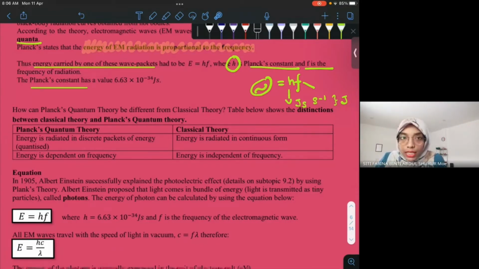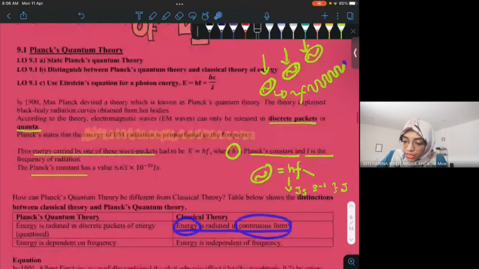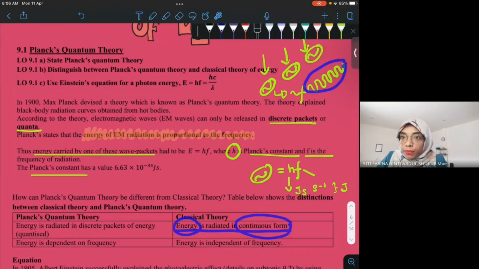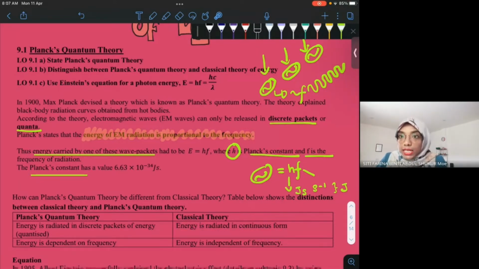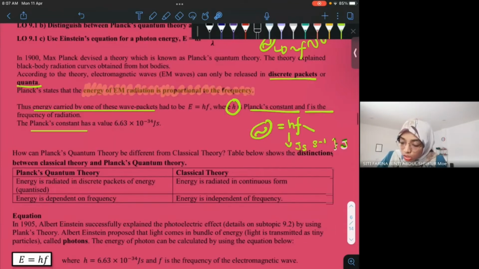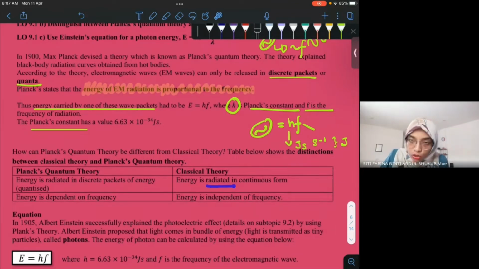According to the classical theory, energy is radiated in continuous form. Energy dekat sini, we are referring to the EM radiation kita, which is our wave lah. Electromagnetic wave ini, sekarang dalam chapter ini kita nak bincang dia as an energy. So these waves are radiated in continuous form.